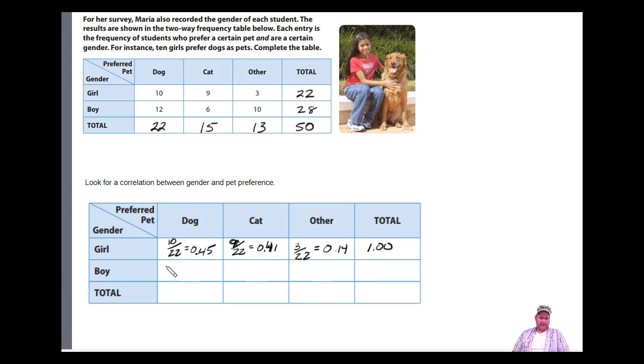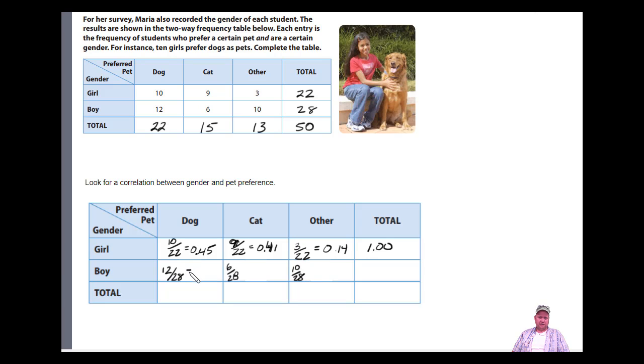Let's go ahead and take a moment here and write all the fractions out for boys, of which there were 28. 12 of them liked a dog, 12 out of 28, and 6 out of 28 preferred a cat, and 10 out of 28 preferred other.